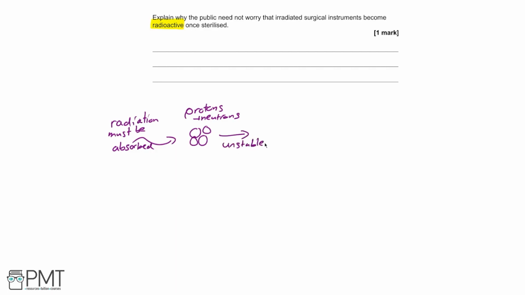Therefore, what would happen is that then the nucleus would decay. And at this point, when the nucleus is unstable and ready to decay, this means that it has become radioactive. So therefore, our radiation needs to be absorbed by the nucleus in order for it to become radioactive.